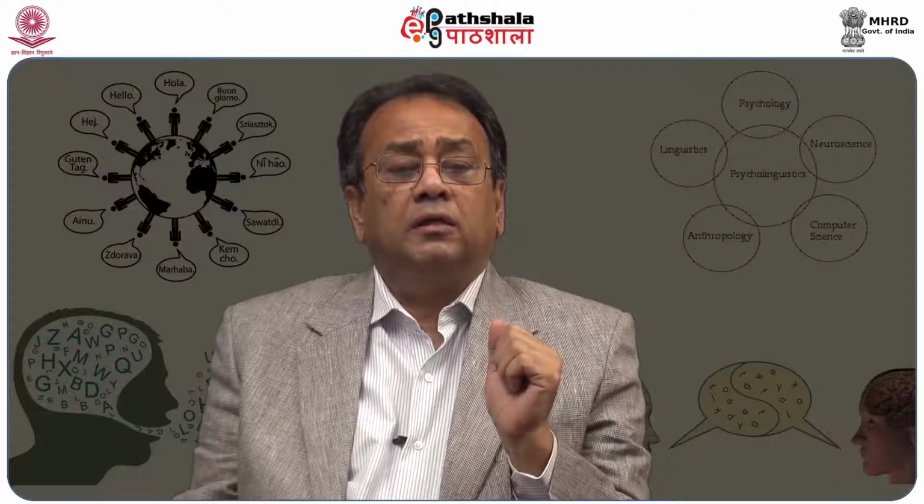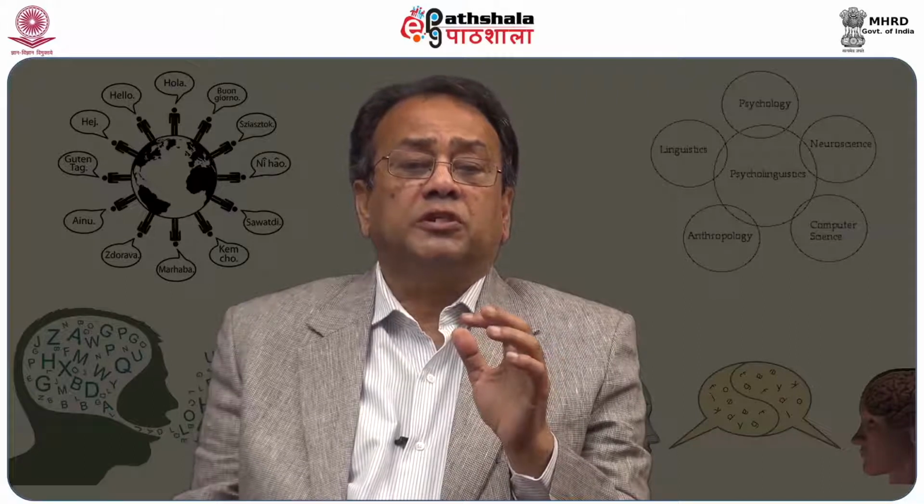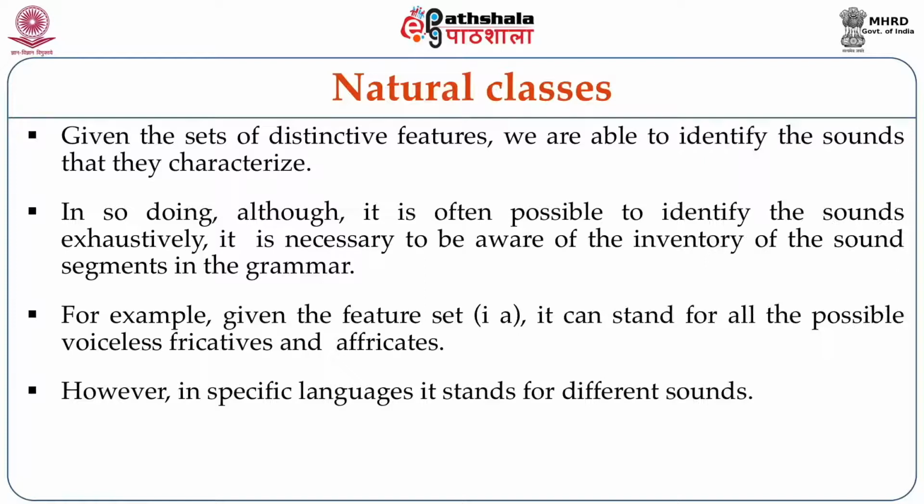Now, the question is, given these sets of features, is there any way of making them shorter? That is, can we apply the criterion of brevity in using them in describing classes of sounds? Yes, indeed. There are various ways in which we can make the descriptions of sounds in terms of distinctive features shorter or briefer.